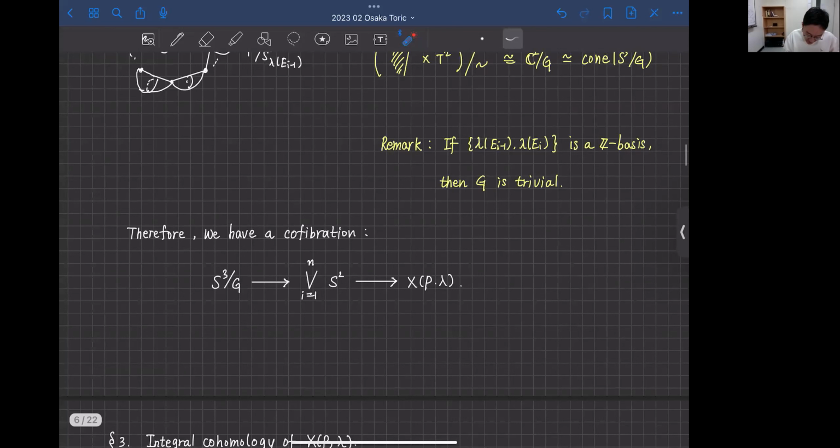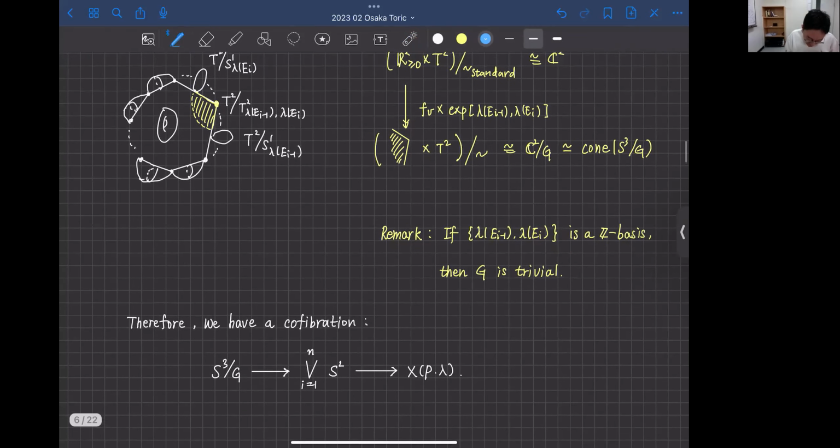So that S², where does it come from? We have this cofibration, right? But you started with an (n+2)-gon. Yes. If you look at the edges of the (n+2)-gon, you have n+2 edges, so from there you naturally get n+2 copies of S².